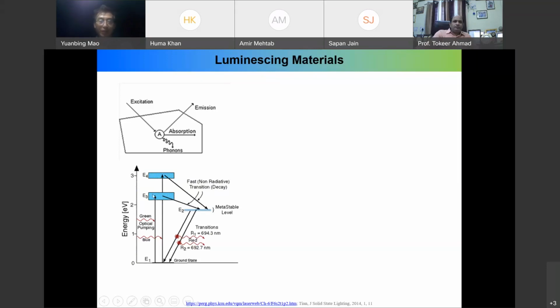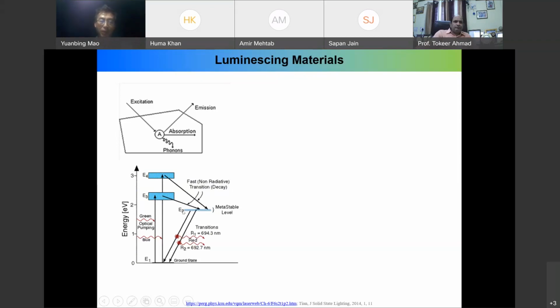And then the excited electrons could sometimes go through some non-radiative processes. They could go through some transition processes as well. They stay at this metastable level, and then eventually they give light out.